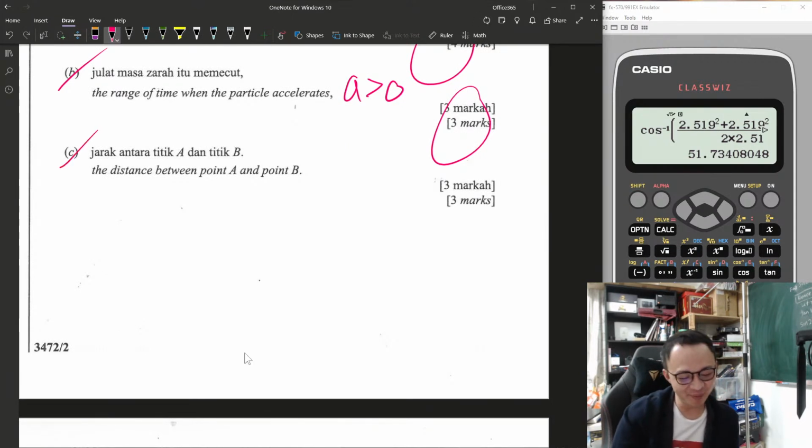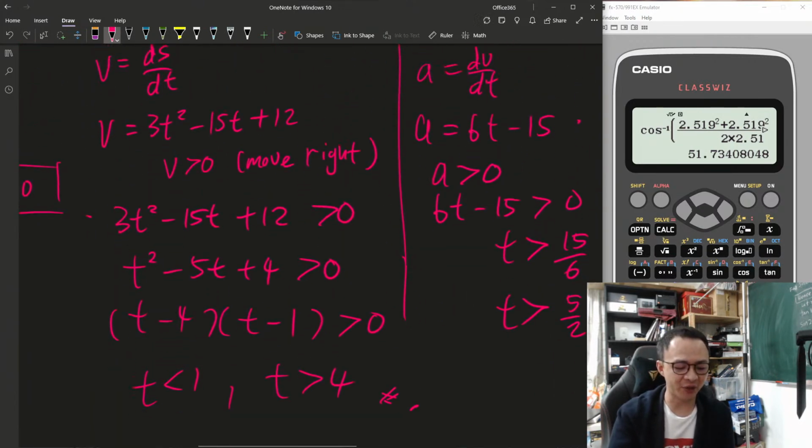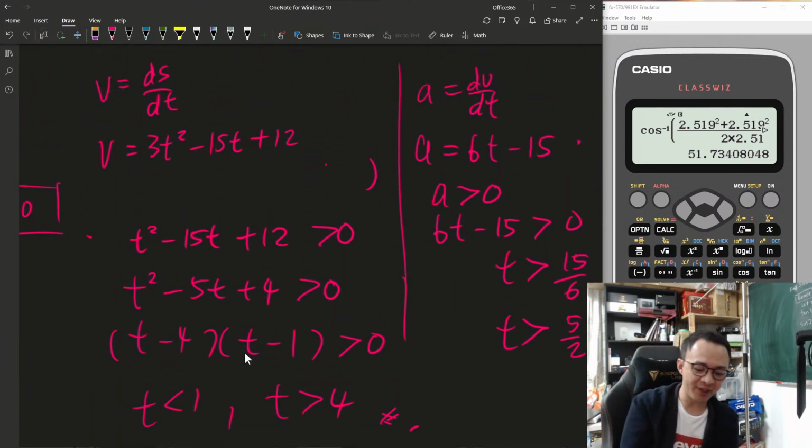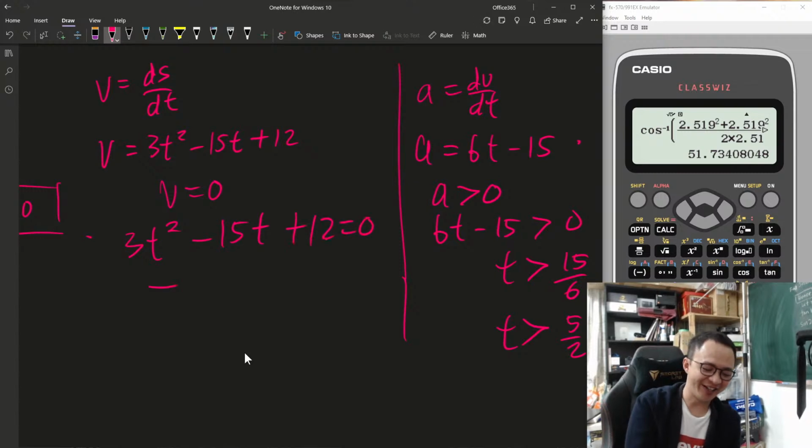Alright, then the distance between the point A and B. What do we know about A and B? We know at A and B, the particle will stop there. Particle stops there actually means velocity equals 0, right? Just now we already solved this one, but I'm going to be very kind and solve it one more time to show you.